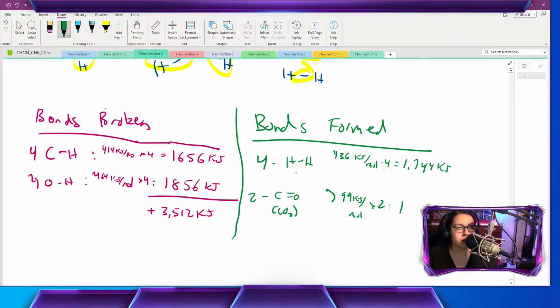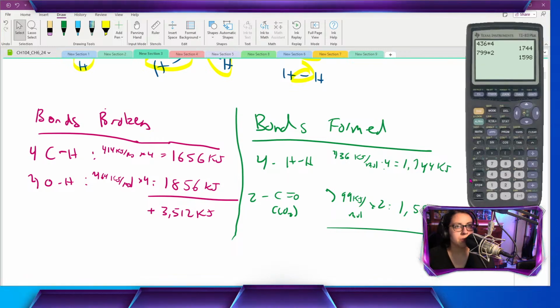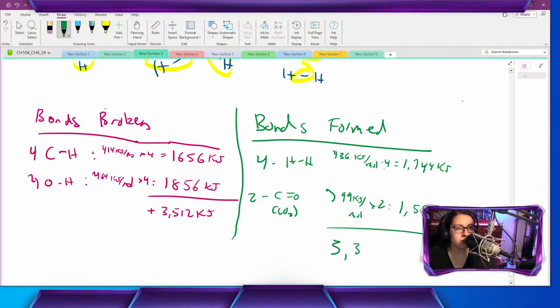And we should get a value of 1,598 kilojoules. So let's add that up to get our total energy out. So I'm going to put a negative sign in front of this. Now 1598 plus our 1744. So I get 3342. So 3,342 kilojoules. Exothermic, put a negative sign.